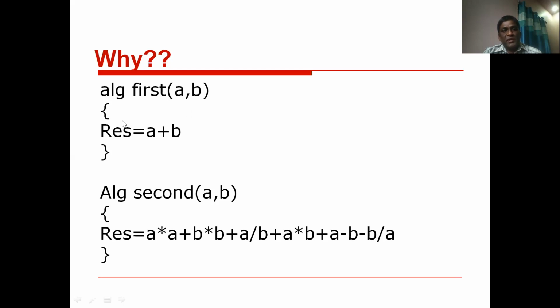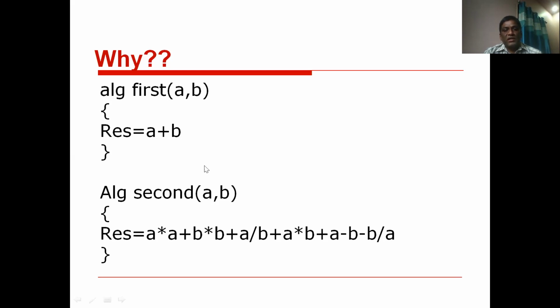Only one statement. Therefore, in earlier days, people used to represent the time complexity in terms of the number of statements executed in a particular algorithm. So the time complexity is 1 for this algorithm. That means this algorithm requires 1 unit of CPU time.